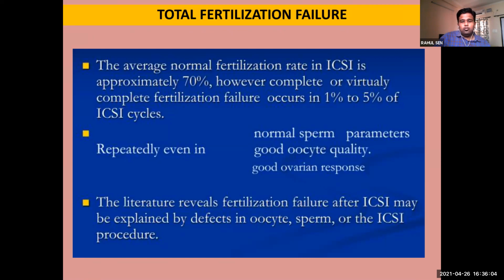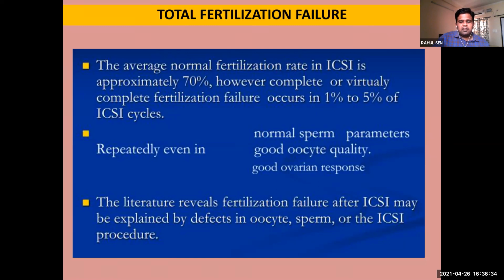However, total fertilization failure is also seen in IVF and ICSI cycles, even if we have good quality, normal looking sperm or good quality, normal looking oocytes with very good ovarian response. Even then, we can see no fertilization on day one at all.